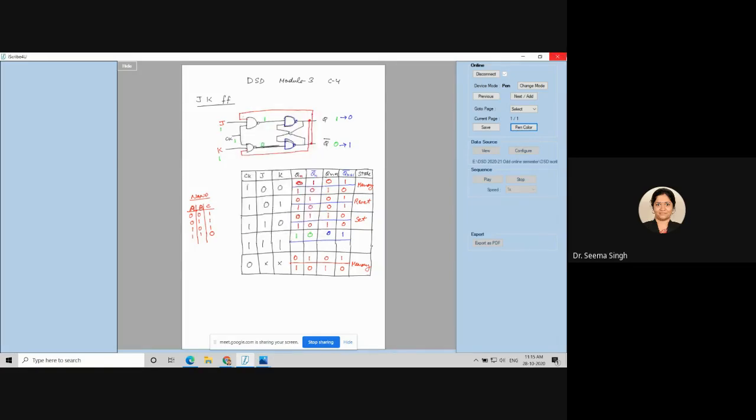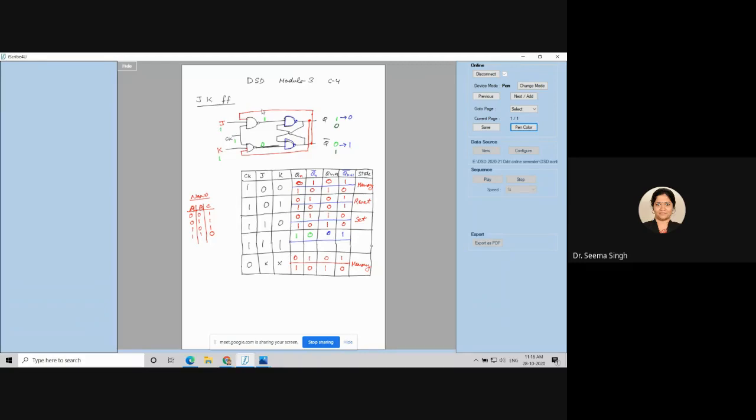We will assume that Q was a 0 and Q bar was a 1. Okay, now we will see our next case under J and K equal to 1 1, under this special case. So now let us see, when this is 0 and this is 1, J, K and clock are all 1 1 1 only.